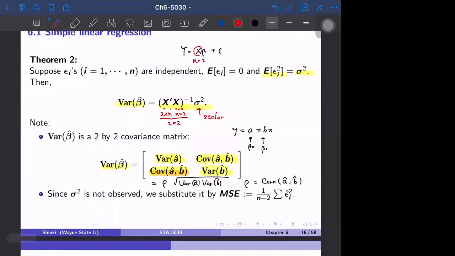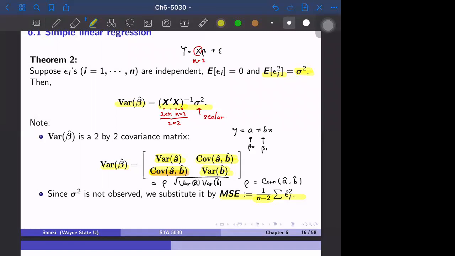And sigma square is not observed. So sigma square is the variance of the error term, but even the error is not observed. We have no way to exactly know sigma square. But sigma square can be estimated by the mean squared error, 1 over n minus 2 times the sum of epsilon i hat square. Here we have n minus 2 because we have estimated 2 parameters.